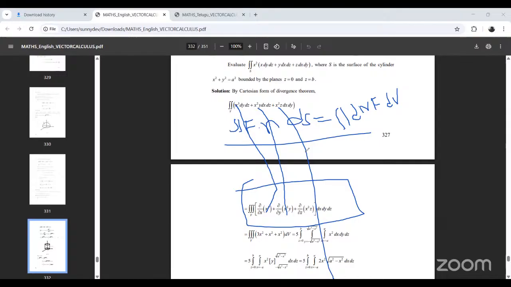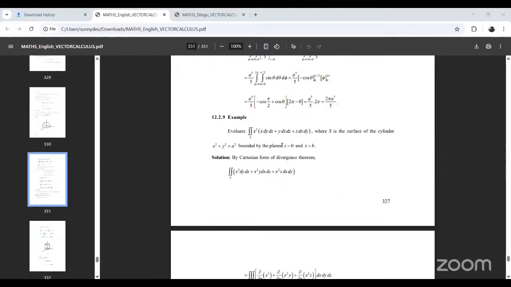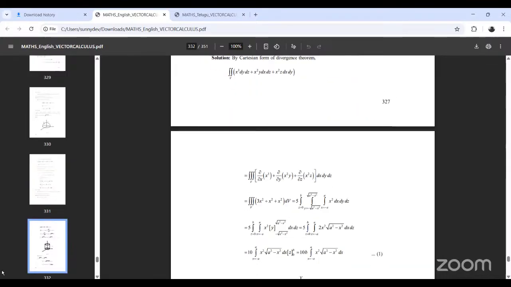Now we have to do the triple integration. dV is dx dy dz. They have given z from 0 to b, so that is finished. We need the y limits.